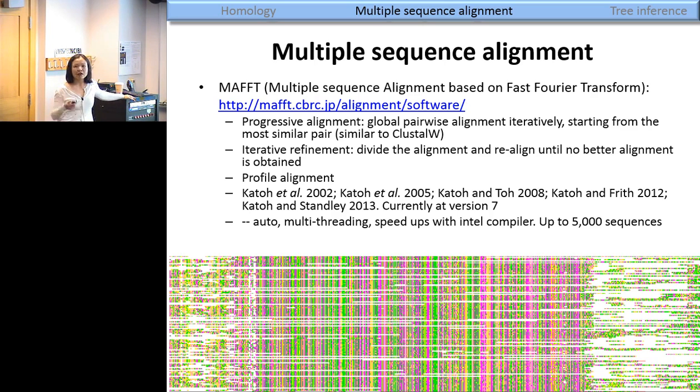So basically, if you have n sequences, you do n-1 pairs. So it scales linearly, which is very fast. You can deal with very large alignments.